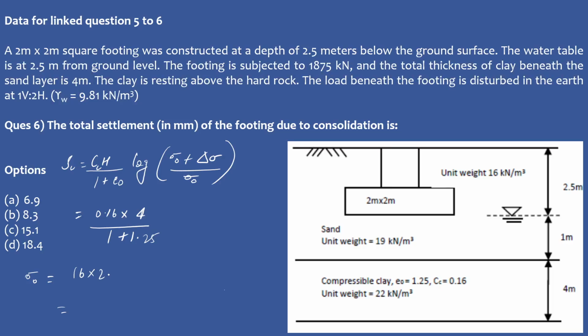So it's 16 into 2.5 plus 19 into 1 plus 22 into 2, minus, we need to reduce pore water pressure, 1 into 9.81, minus 2 into 9.81.